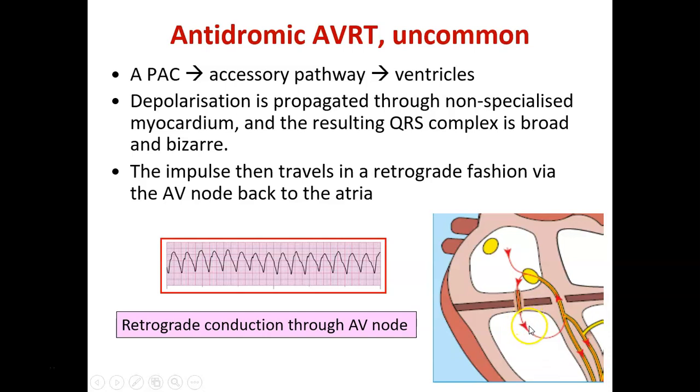As it's going to the non-specialized myocardium, it's expected to produce the wide QRS complexes. Then the impulse travels in the retrograde fashion via the AV node again and makes a loop, makes a circle. This is antidromic atrioventricular reentrant tachycardia.